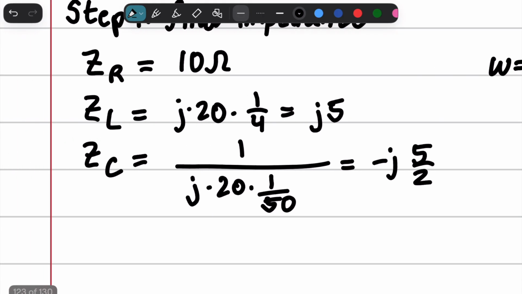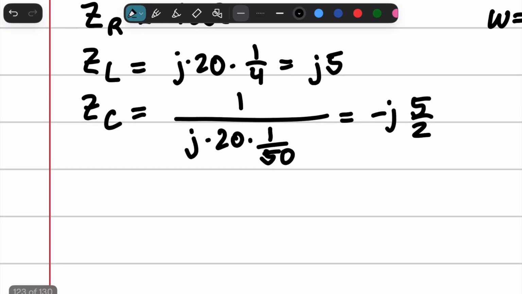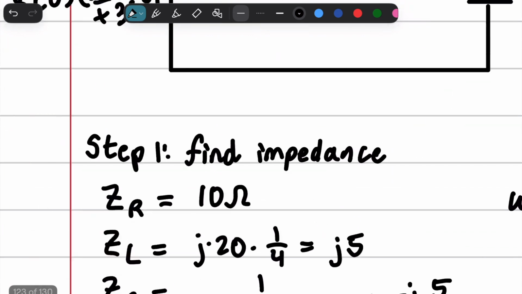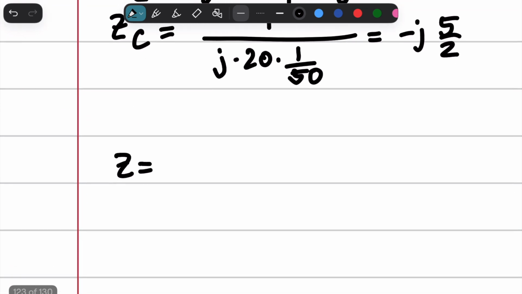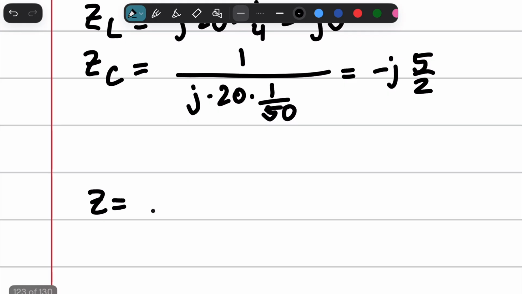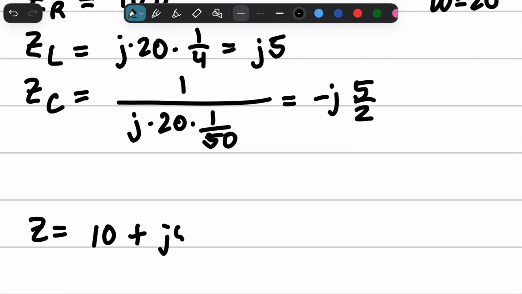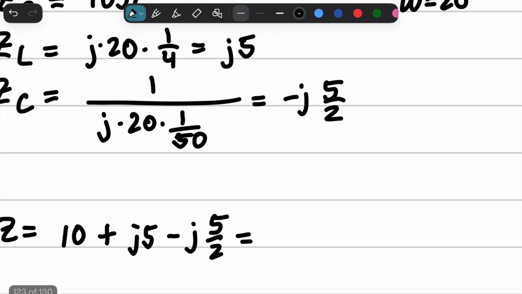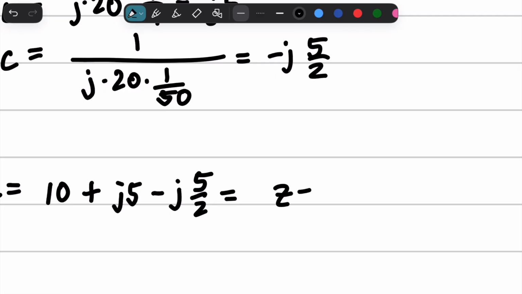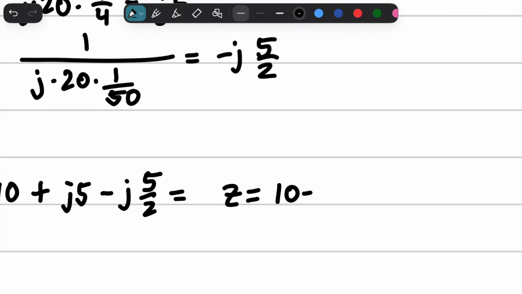And then to find the total impedance, Z is equal, and all of these guys are in series, so we simply add them up like regular resistors. And so we have the real part right here, and we have those imaginary portions, J5 and negative J5 halves. That's going to equal Z is equal to 10 plus J5 halves.